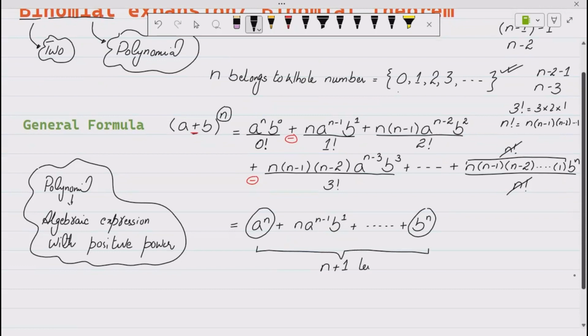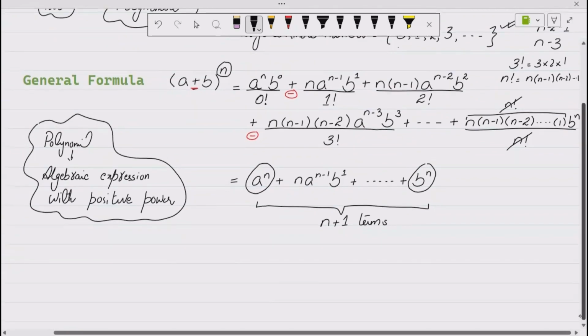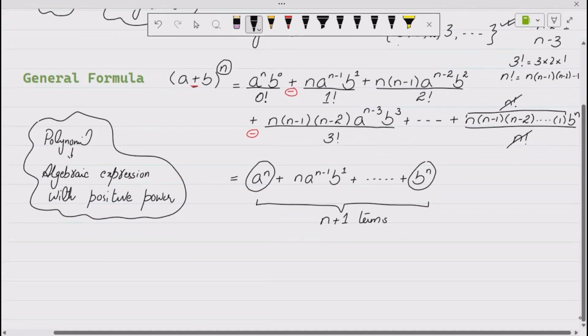What does it mean? Suppose you have to find a plus b to the power 2. When you open up this formula, you get a square plus 2ab plus b square, which are three terms. And this is not a coincidence. It always happens.